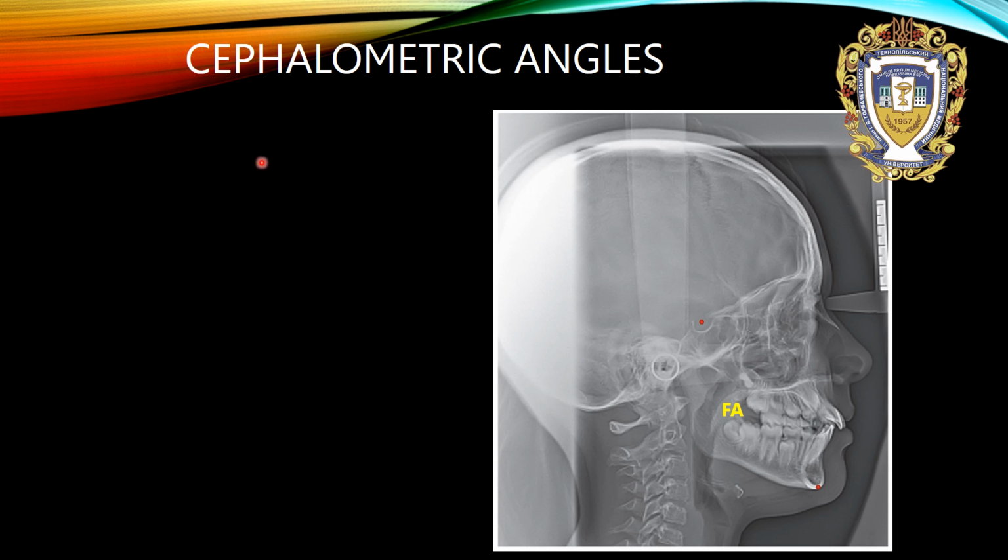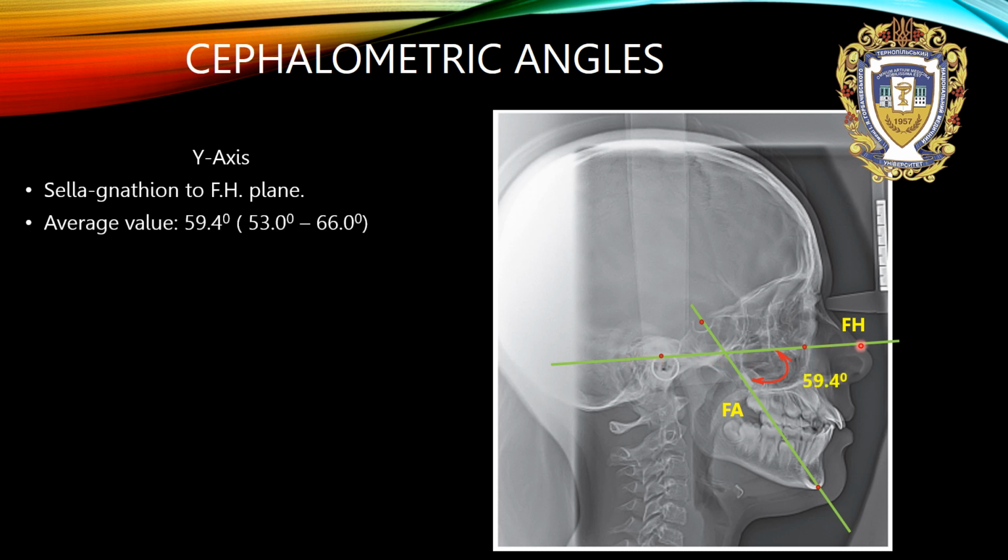Y-axis. It is angle between sella-gnathion line and Frankfurt horizontal plane. Average value 59.4, but normal values can be from 53 to 66 degrees.